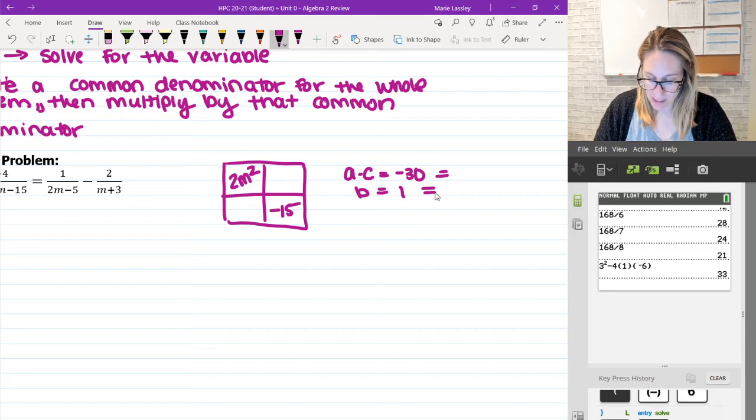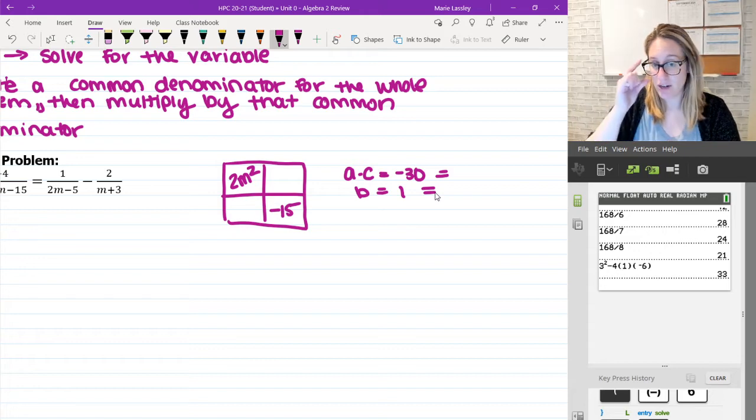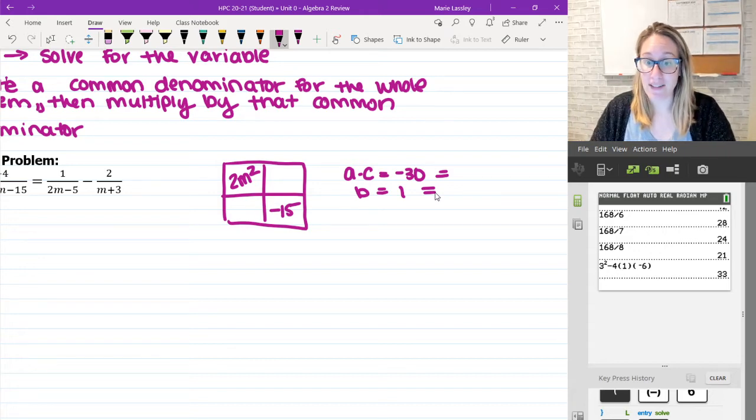Well, that's not so bad. For 30, I'm thinking 6 and 5. 6 times 5 makes 30, and if your 5 is negative, then 6 plus negative 5 will give you 1. So I think it's going to be 6 and negative 5, because that will fit both of my scenarios.